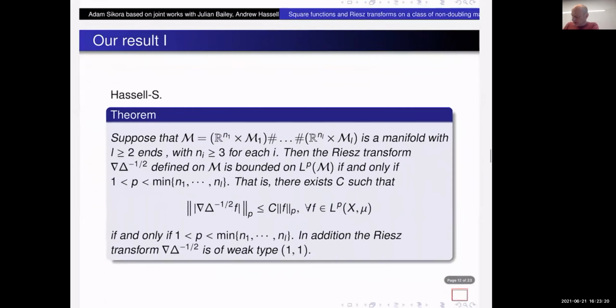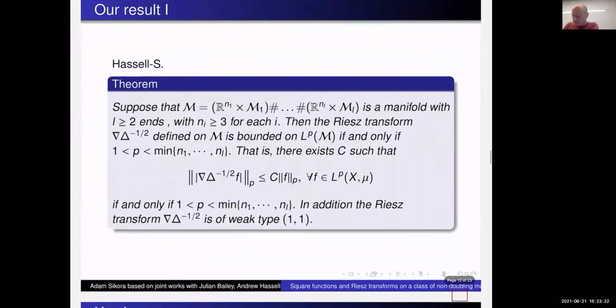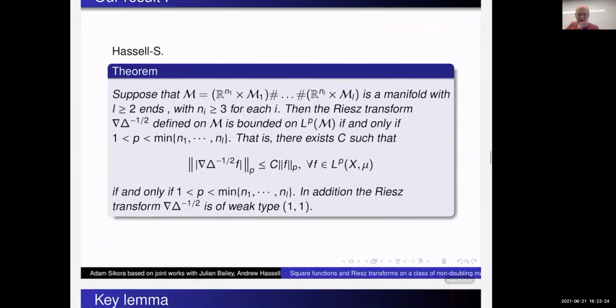So we've got a statement about the Riesz transform. This is a result which is almost 2 years old. Once again, we've got here manifolds with ends, slightly different from the picture which I gave you before. We've got the dimensions at infinity having to be bigger or equal than 3.